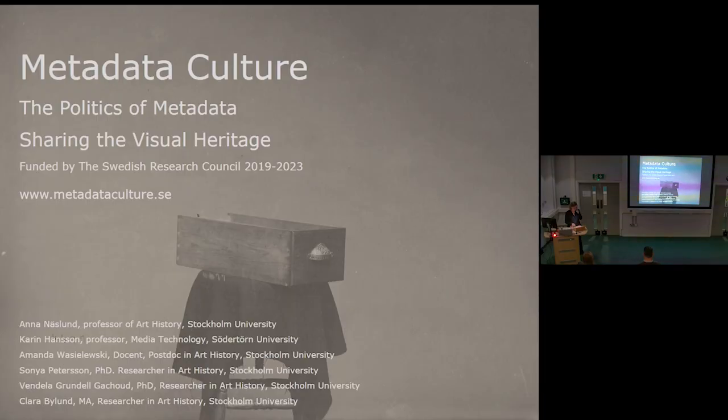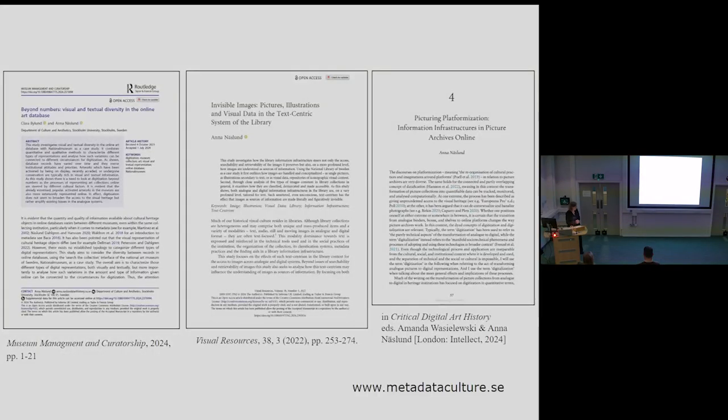And the following examples are taken from 3 studies which have been published, but we have made several other studies within this project, and you can find all of them on our project website, which is still up, metadataculture.se.